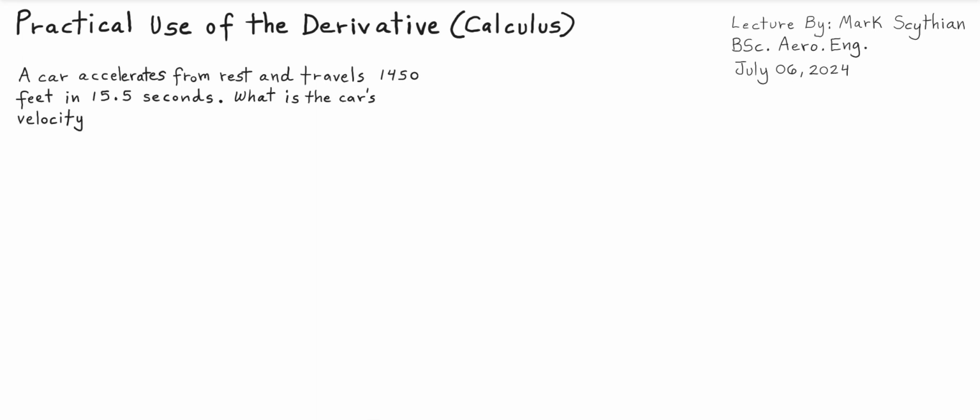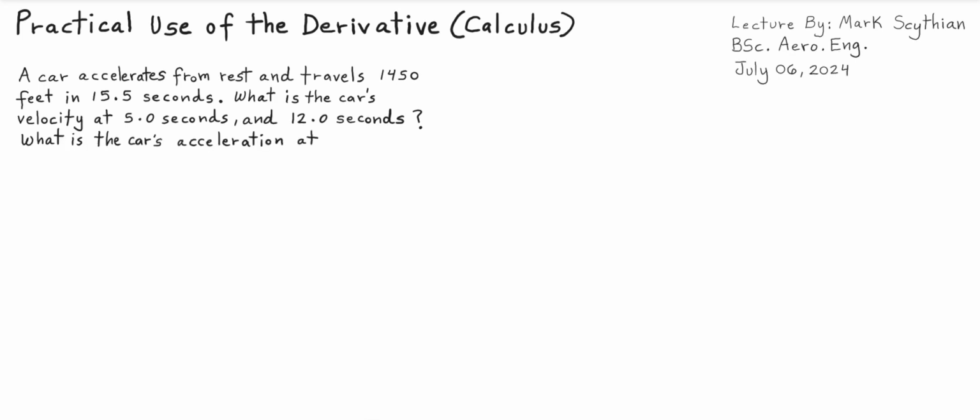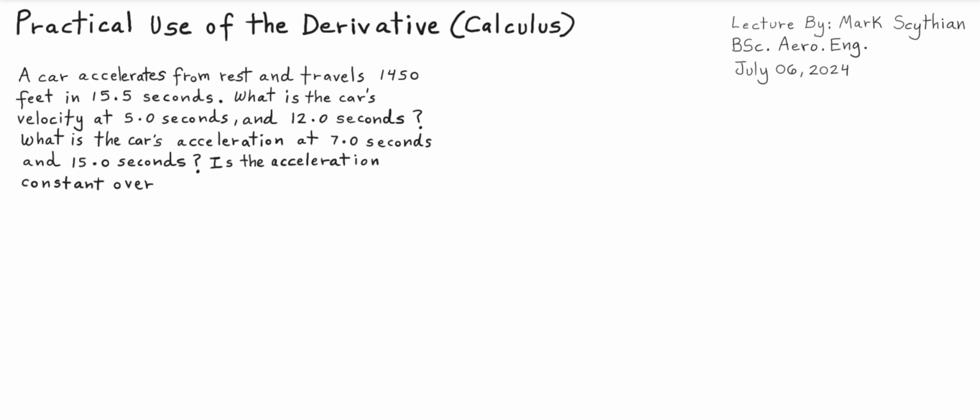What is the car's velocity at 5.0 seconds and 12.0 seconds? What is the car's acceleration at 7.0 seconds and 15.0 seconds? Is the acceleration constant over the function of time?